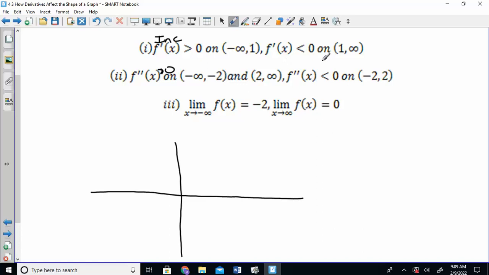And the first derivative is less than 0 after 1, so that would mean decreasing. So my graph was increasing and then it switched to decreasing, and that happens at 1. If you go from increasing to decreasing, what happens at 1? You would have a local max at 1.